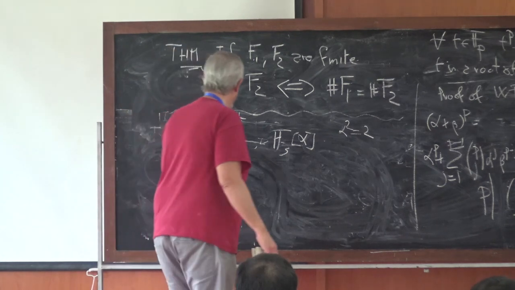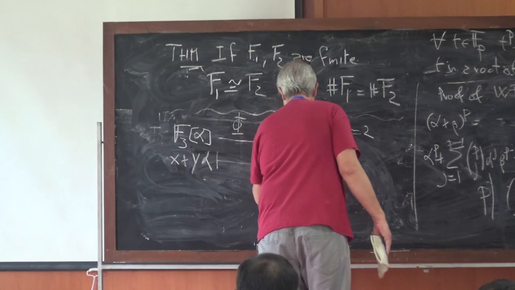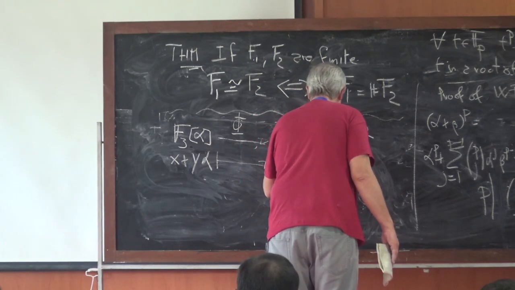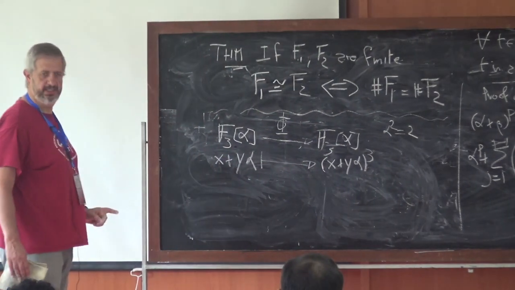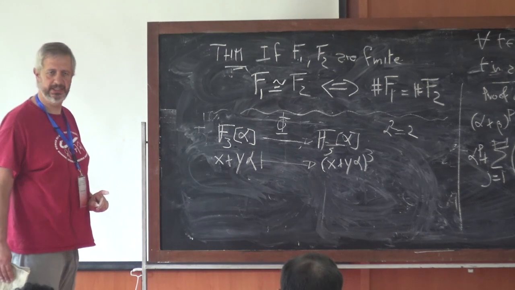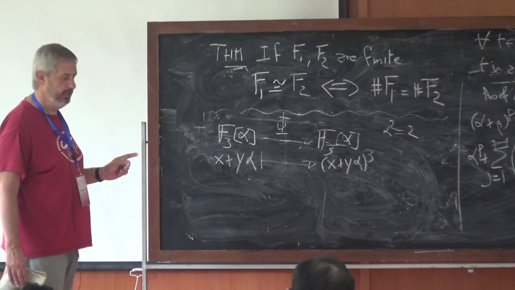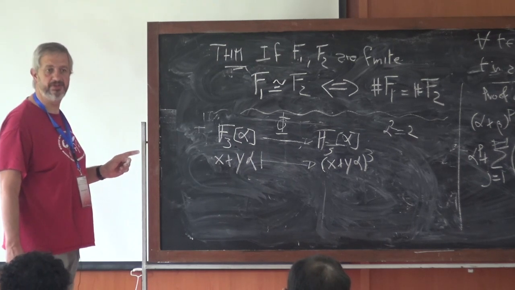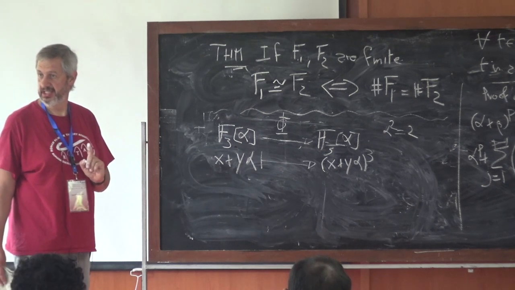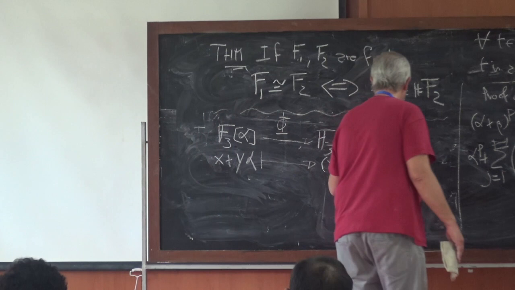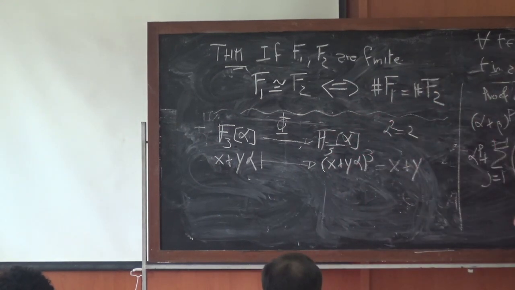And I want to do the Frobenius, so this goes into x plus y alpha cubed. So this is equal to x cubed plus y cubed times alpha cubed. But x cubed is x because it's in the ground field. So this is x plus y times alpha cubed.